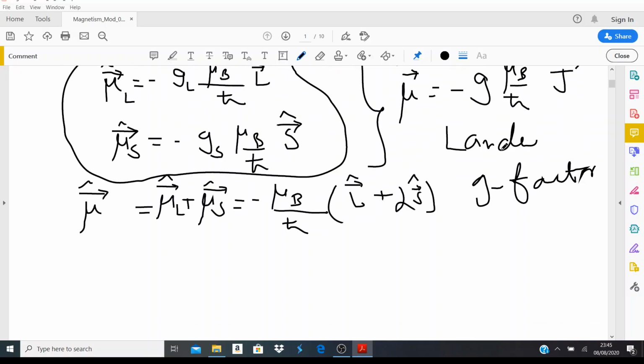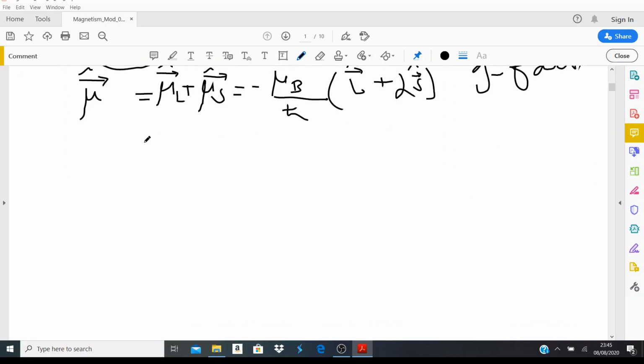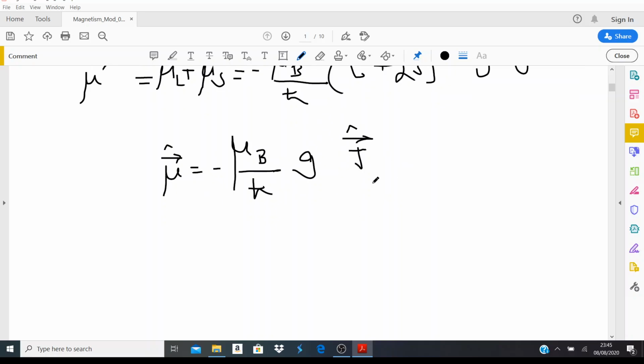To do that, let me start from the total magnetic moment expression, which we want to write in terms of this g factor and the mu B by h bar ratio times the total angular momentum, right?